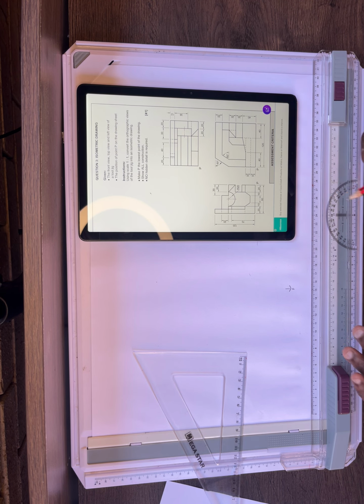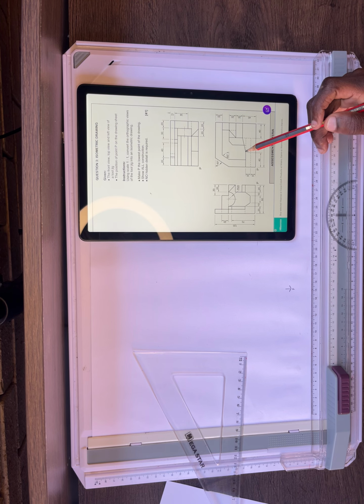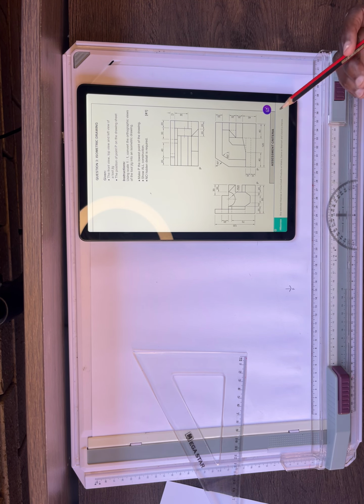If you cannot find the measurement on this view, you have to find it in another view. So from here to here is 20. From here to here will make a non-isometric line, so we don't have to worry about it. Instead, we are going to draw this one and then join here. Now let us start drawing.